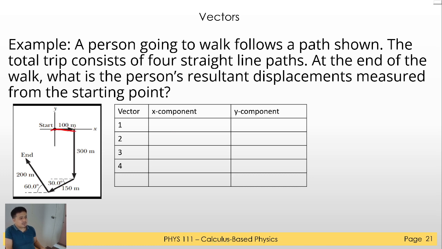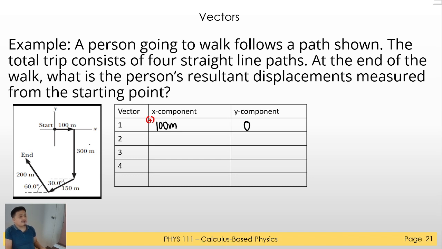Since this is only on the x-axis, this will be 100 meters. For the y component, since this is only a horizontal line, there is no y component, so the y component will be 0. Be mindful, since this is towards the right, this is positive.